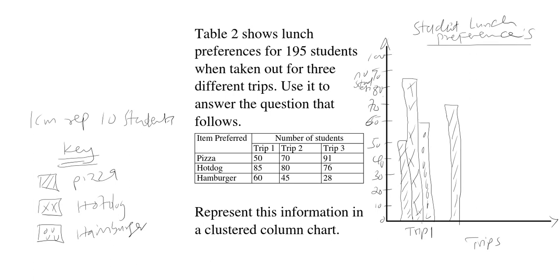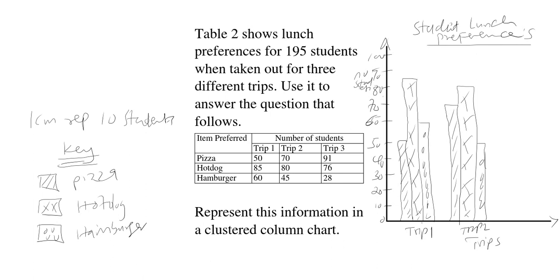We draw 80, and we shade it. Remember, the columns should be uniform. Don't use varying widths. Then we have 45 for the other column of trip 2. 45 is somewhere here, and then we shade it. Then we label this as trip 2.